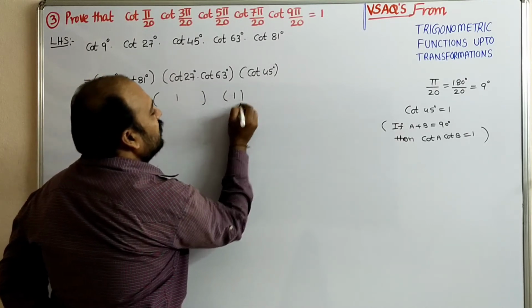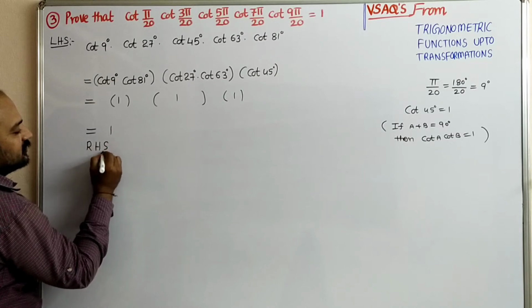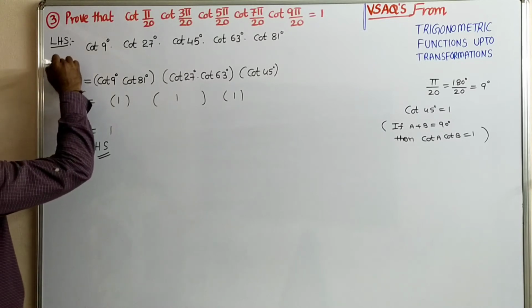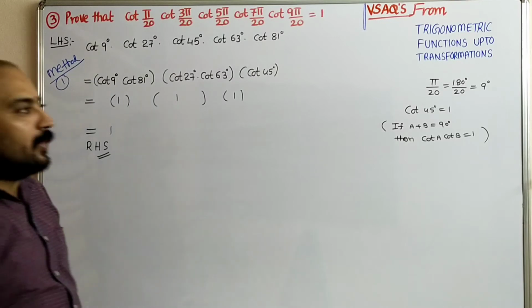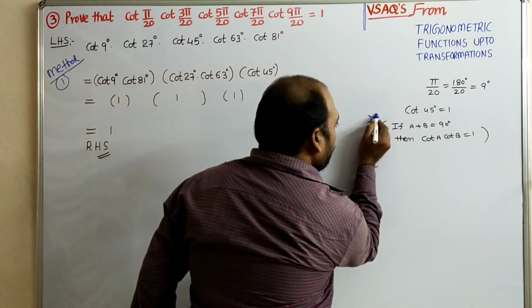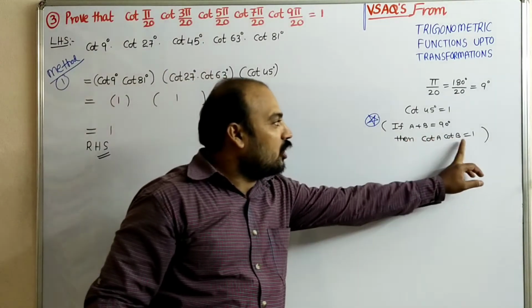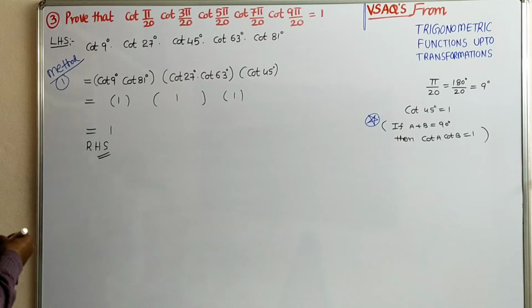Cot 45 is 1, which is the required RHS. This is method 1, using the formula: if A plus B equal to 90 degrees, cot A cot B is equal to 1.